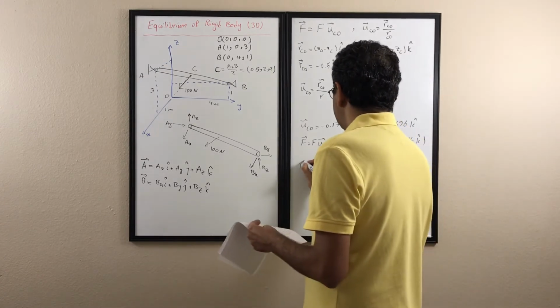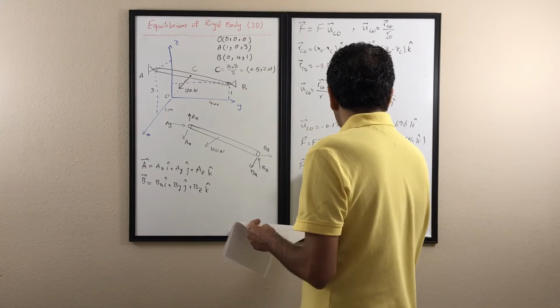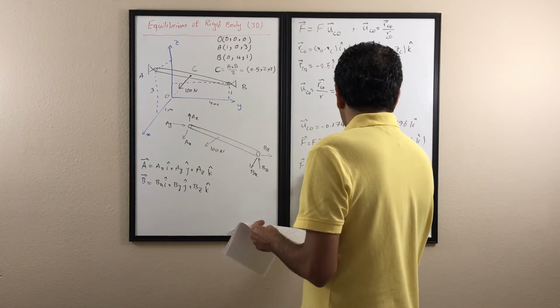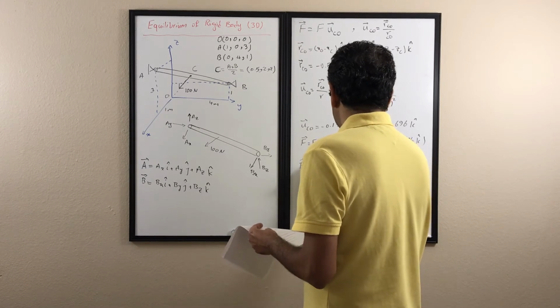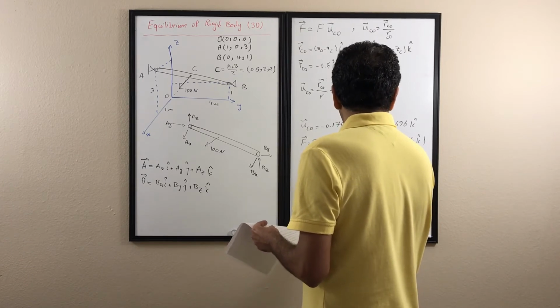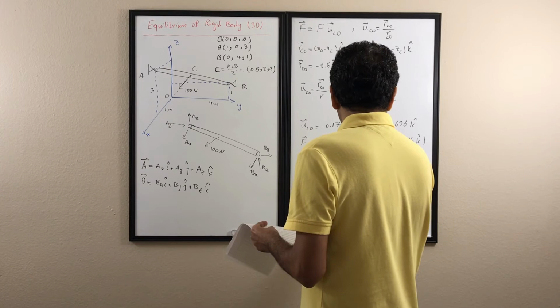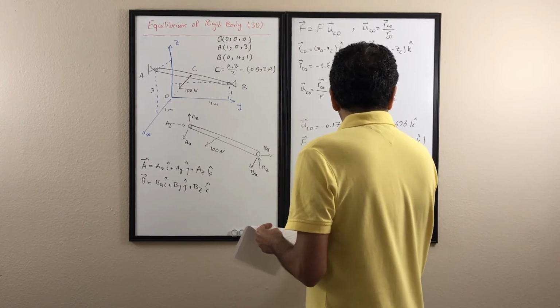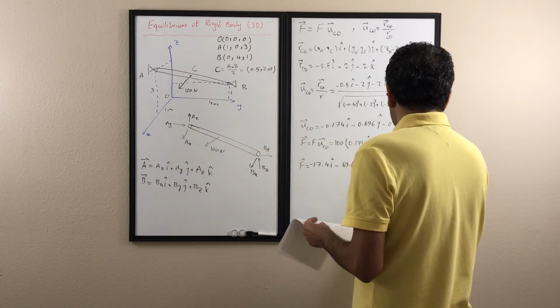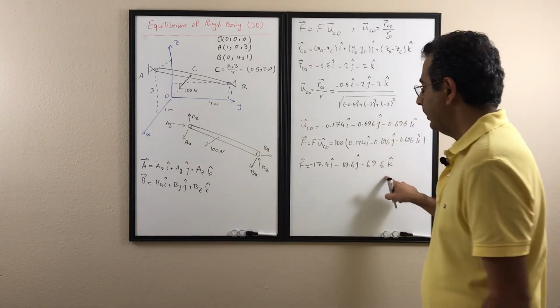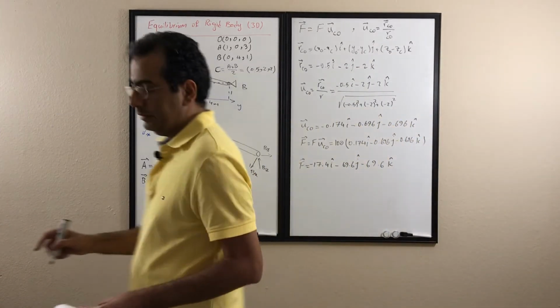So if we find that, F is going to be negative 17.4 I, minus 69.6 J, minus 69.6 K. So this is the F. I'm going to write the F down here.